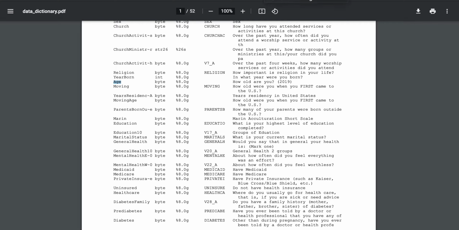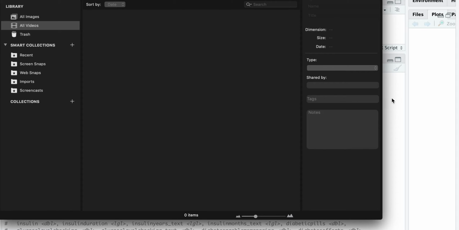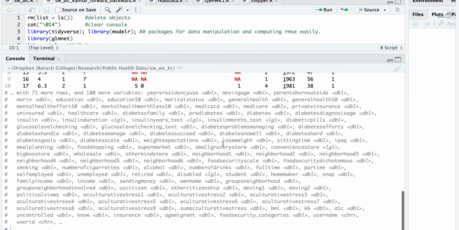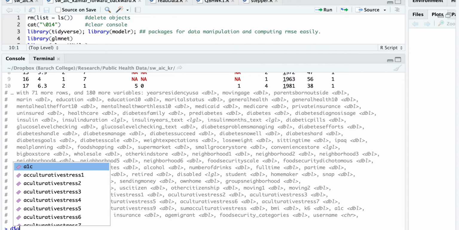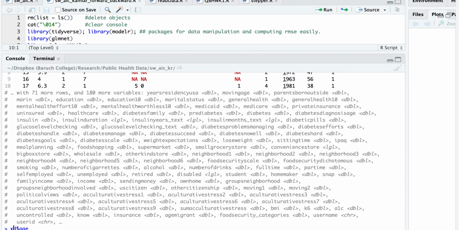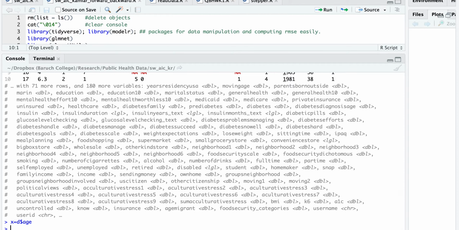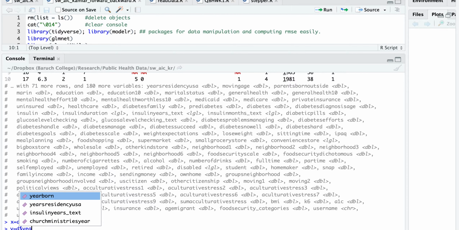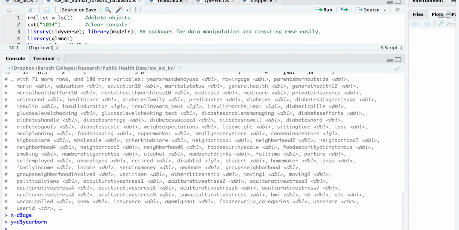What does that mean? Let's call this X, and then we have Y, which is year born. So we have X and Y.